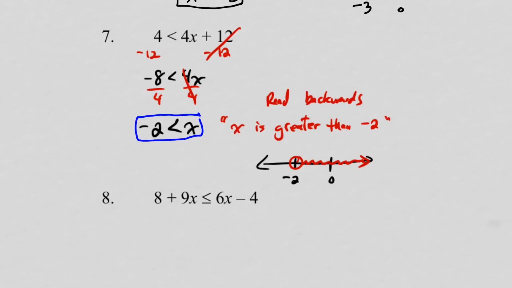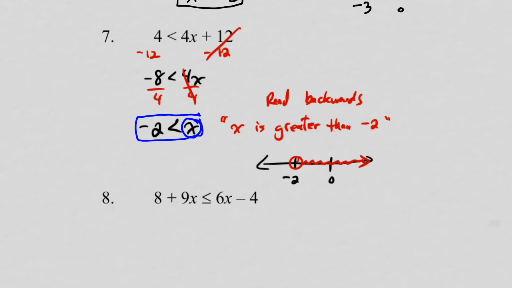And a lot of students get this confused. They'll do less than, they'd shade to the left because it looks like it's pointing to the left, but it's always read in terms of the variable. So if I read it with the variable first, starting at the right, it says that x is greater than negative 2, okay? So you have to kind of read it backwards.